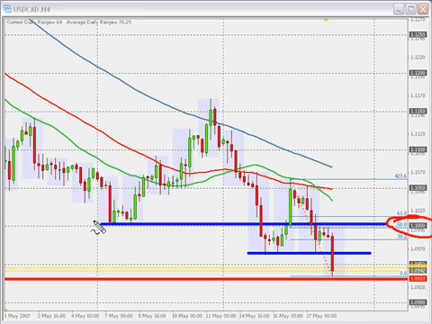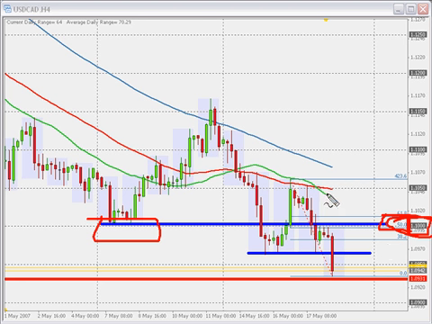Where we have a confluence of different elements working as resistance. We have the last week low. We have the decade number 110.00, a very strong psychological support and resistance level. The 50 Fibonacci, which is my favorite one.